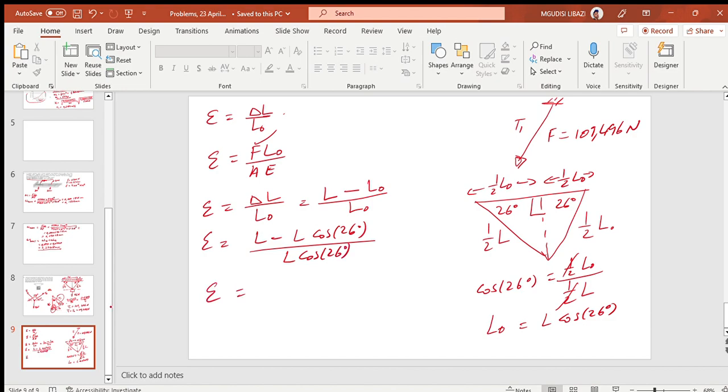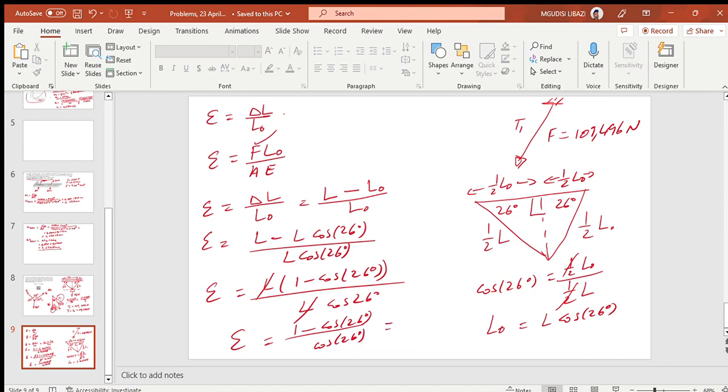Taking out L as a common factor, we're left with 1 minus cosine of 26 degrees, divided by L cosine of 26 degrees, and then L cancels L. So strain is 1 minus cosine of 26 degrees divided by cosine of 26 degrees. That gives me 0.1126.